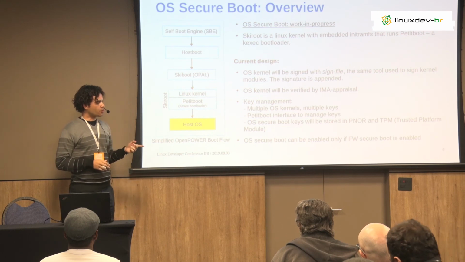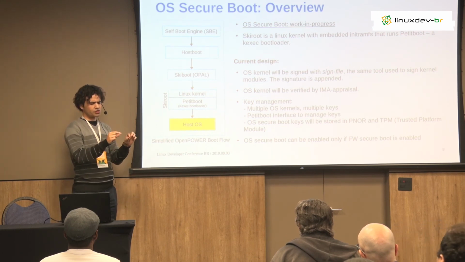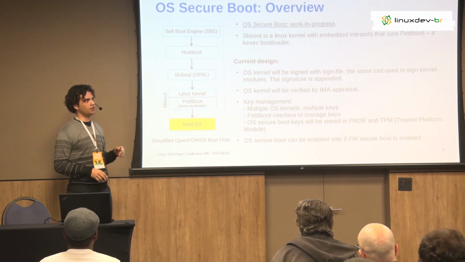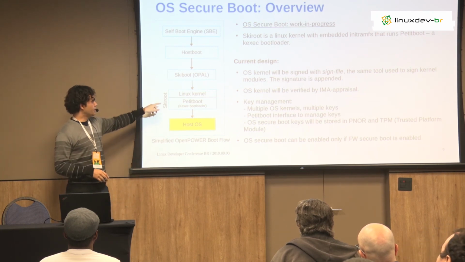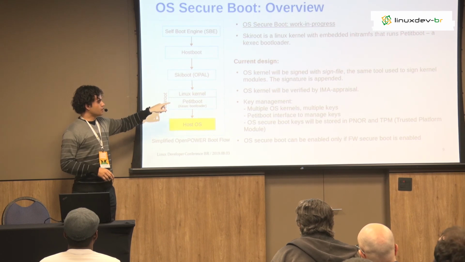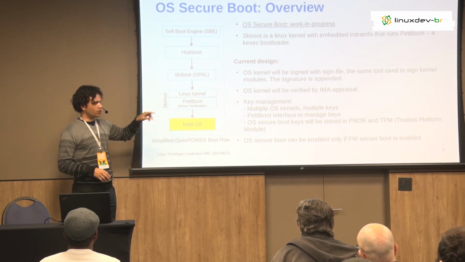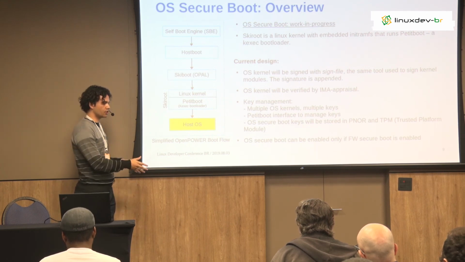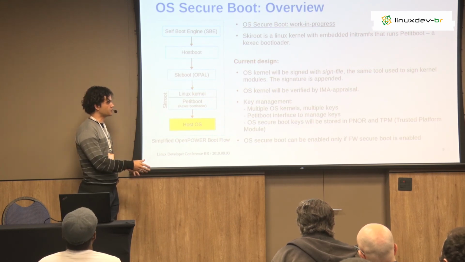But with IMA appraisal and those measurements, if you run, for example, any binary here in the pdboot, the IMA will track that. It will calculate a hash of that binary and store it in the sysfs.